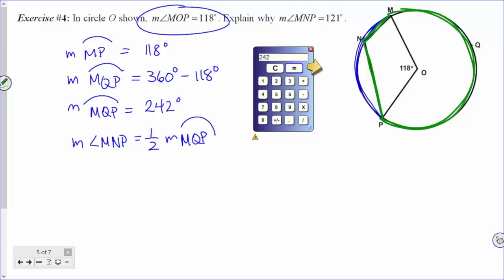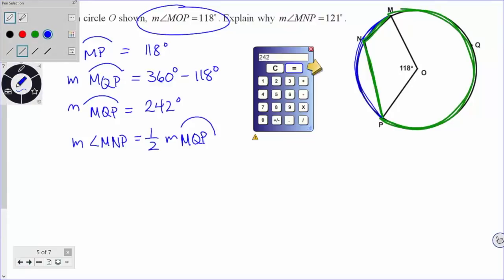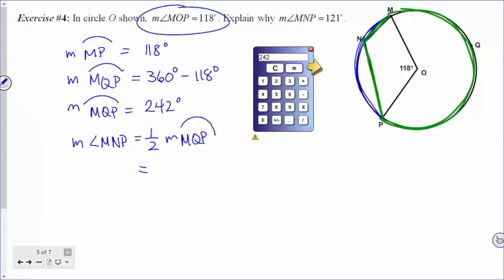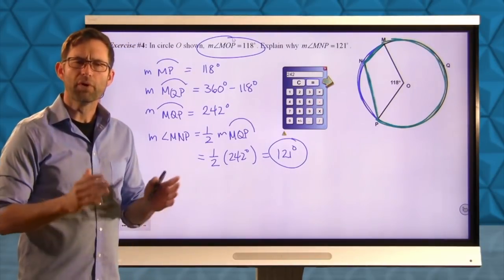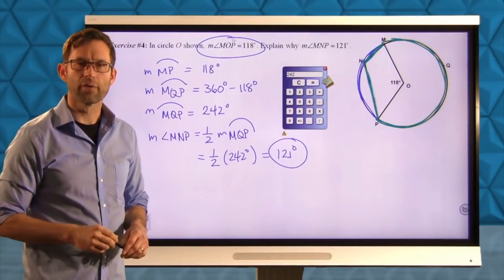And it must be therefore 1/2 of its measure, which is 1/2 of 242 degrees, which is 121 degrees.